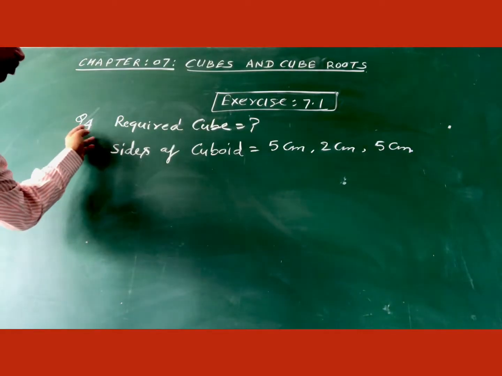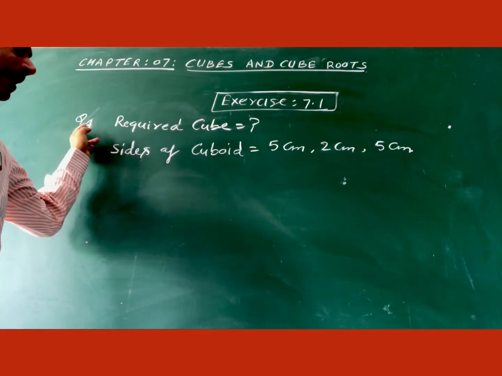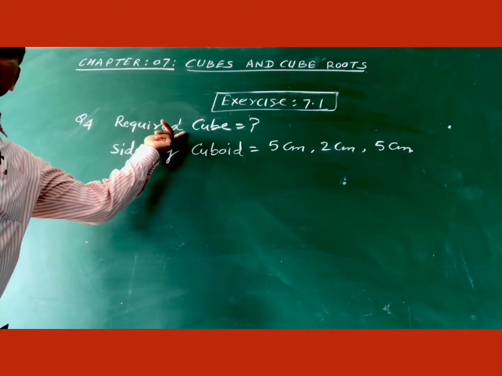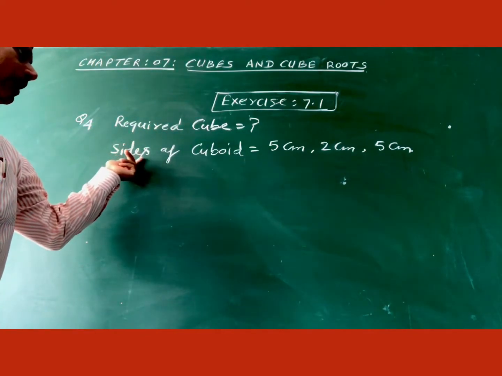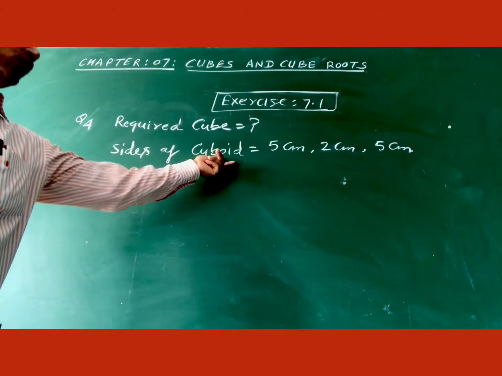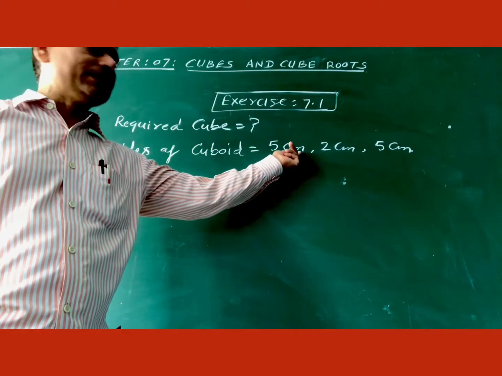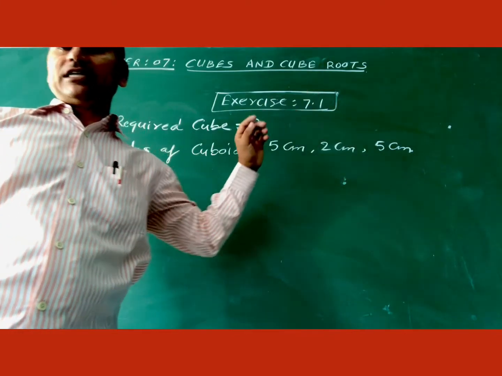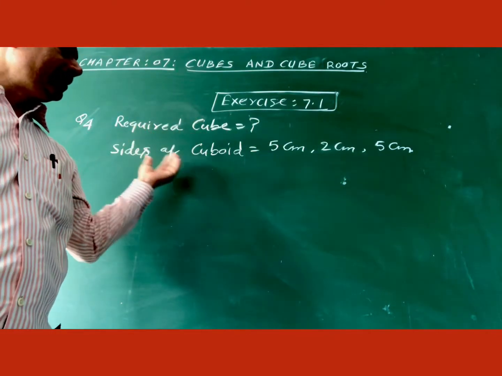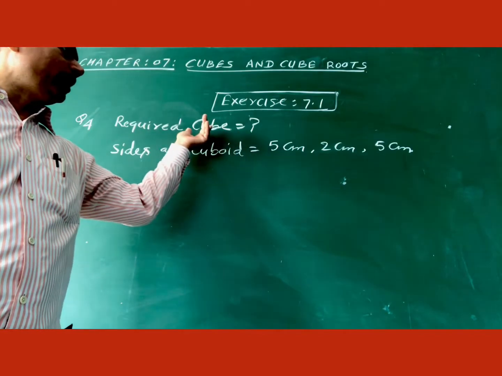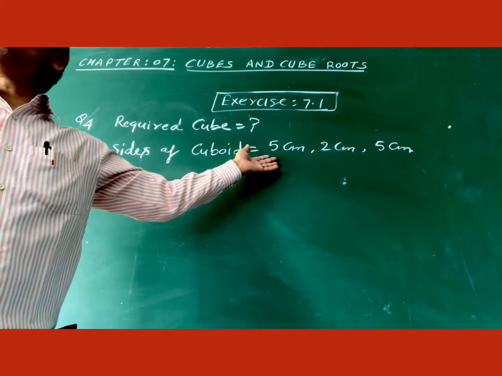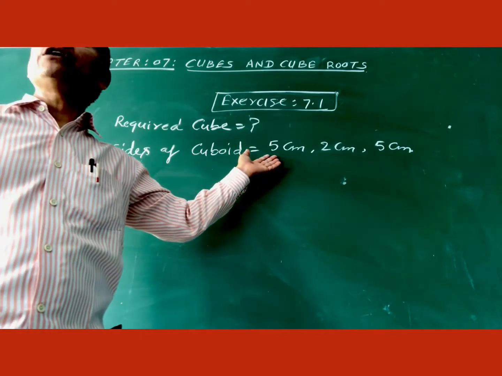Dear, this is question number 4 and here is the required question. How many cubes are required if you arrange a cuboid whose measurements are 5 centimeter, 2 centimeter and 5 centimeter, to convert this cuboid into the form of a cube?